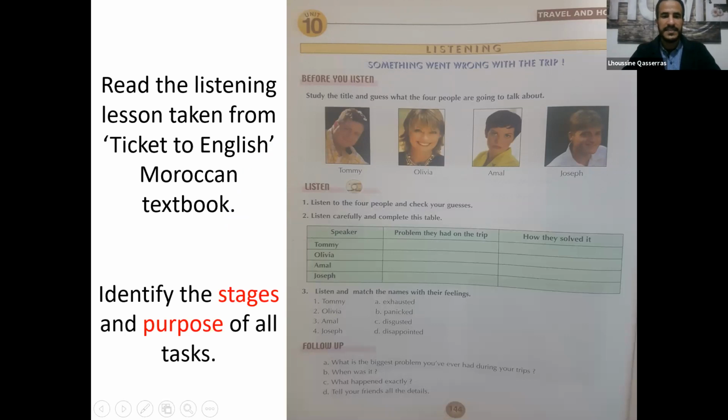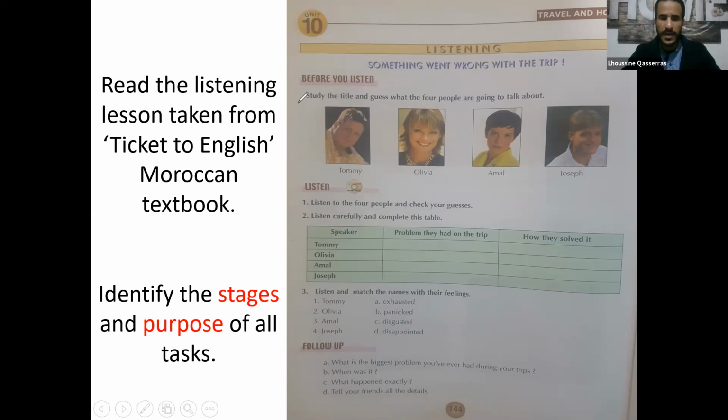Now let's move to practice. Look here. This is the Moroccan textbook, a listening lesson. Read the listening lesson taken from the Ticket to English Moroccan textbook and identify the stages and the purpose of all tasks. So how many? Let me just underline each task.